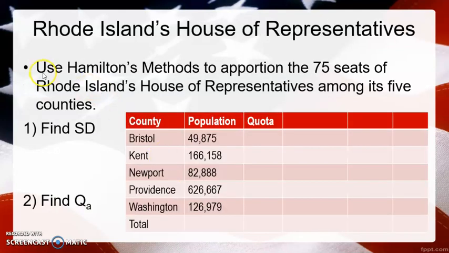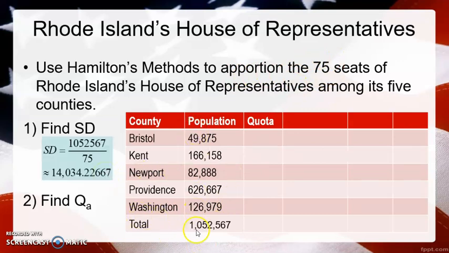So let's look at Rhode Island's House of Representatives. We want to use Hamilton's method to apportion 75 seats of Rhode Island's House of Representatives among its 5 counties. So the first thing we have to do is find the standard divisor. To find the standard divisor, we first have to find the total population, so we add together all of the populations. And then we divide by the number of seats that we have to apportion.